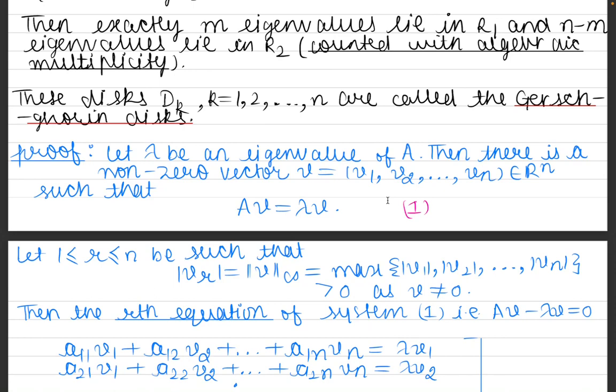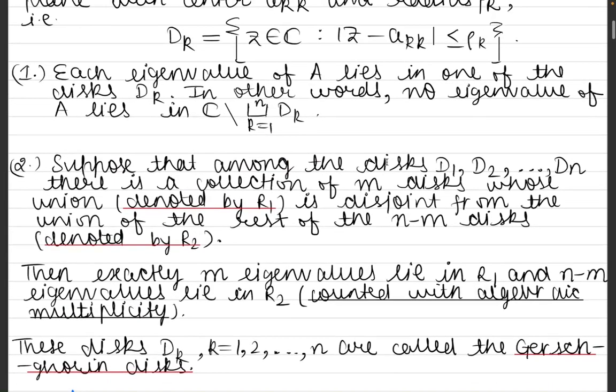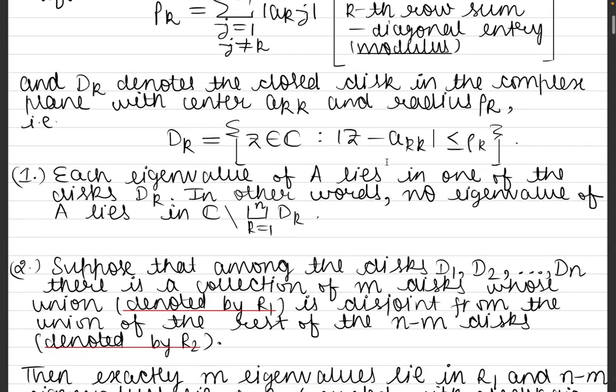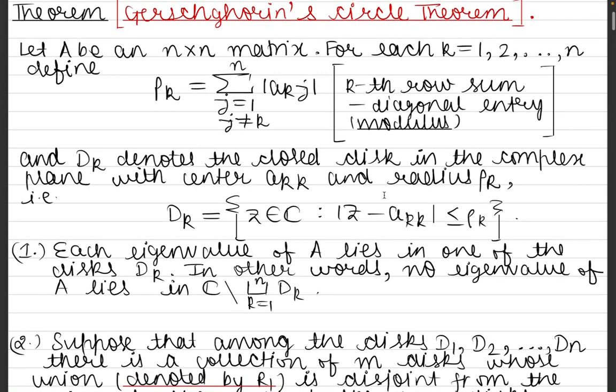Now, let us prove it. The proof is interesting. We prove only the first part because proving the second is beyond the scope of this course. Let us prove the first, then we'll give an example. So if you have an n cross n matrix, you compute this rho k.